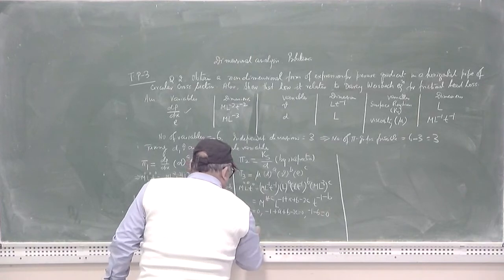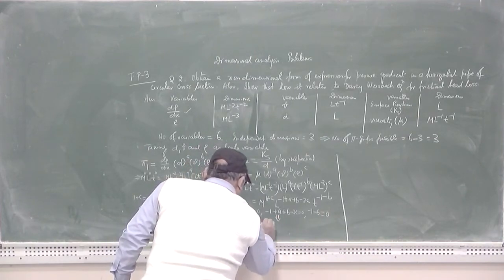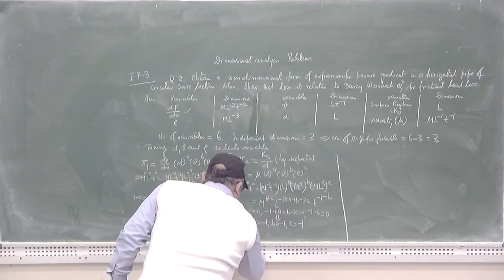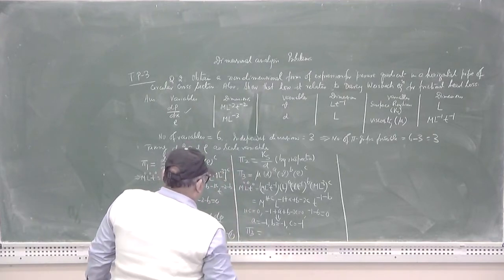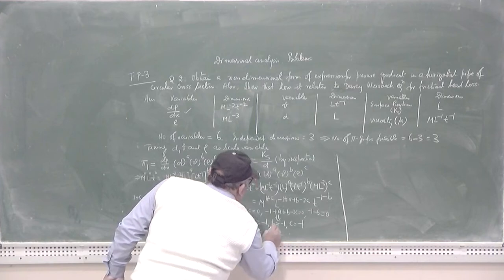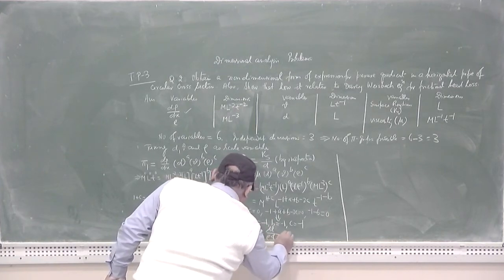It gives rise to the values a is equal to minus 1, b is equal to minus 1 and c is equal to minus 1. So, the third pi group is pi 3 is equal to mu divided by rho d v.